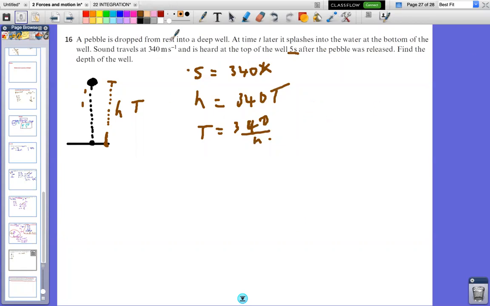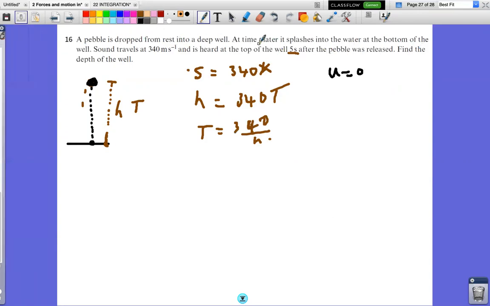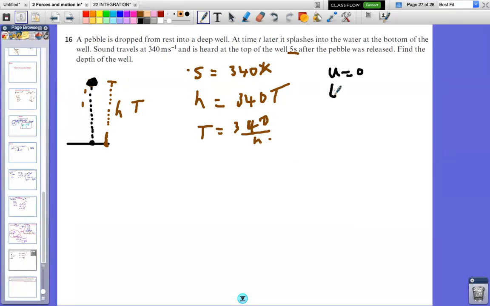And then we will go for the pebble now. When the pebble falls, we know that U is 0. And then, what is t?